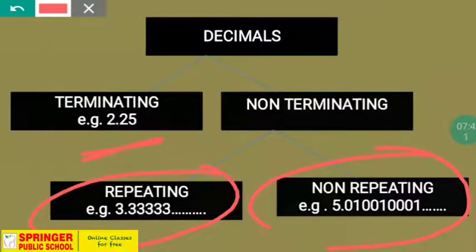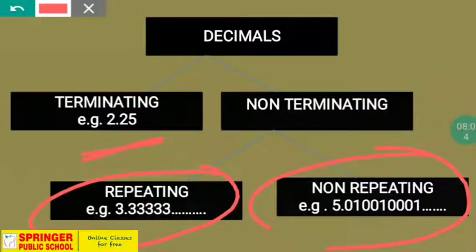I think it is clear to you. Next one, you can see the example 5.01, and so on. That means the number does not terminate. So it's a non-terminating decimal, as well as it does not repeat also. That means there is no pattern which is being followed in the number. So obviously students, you can say that it is a non-terminating, non-repeating decimal.